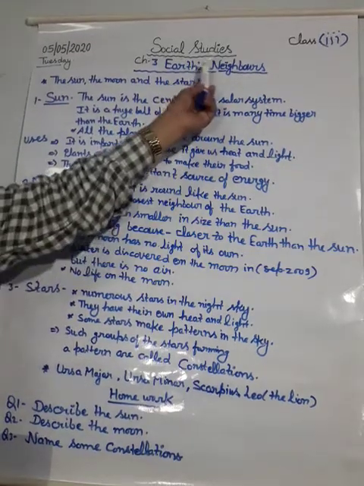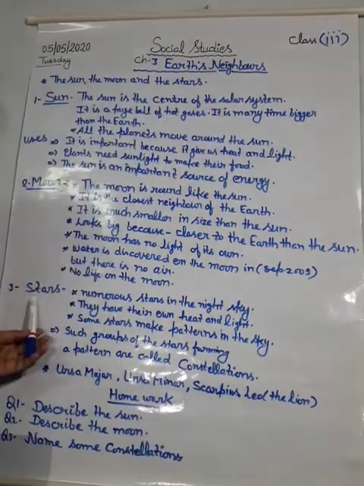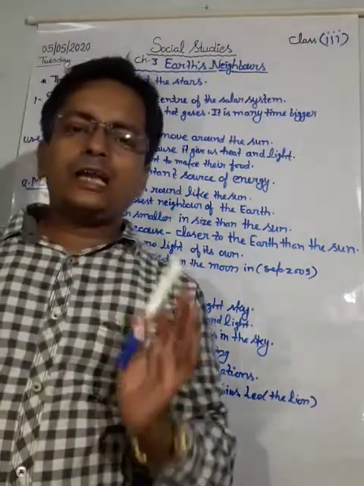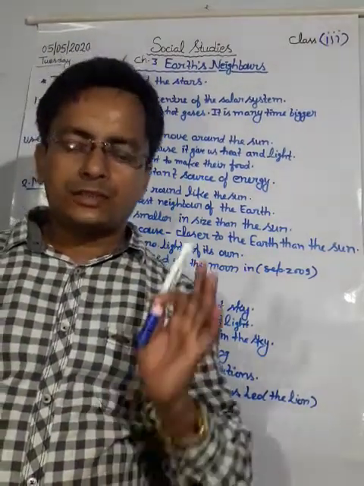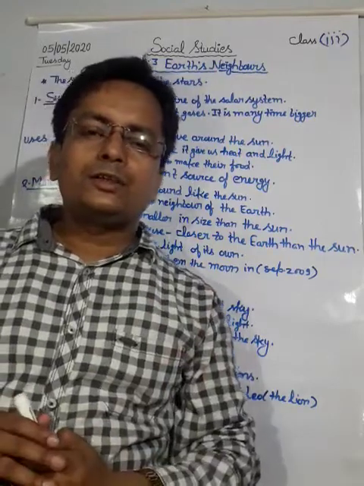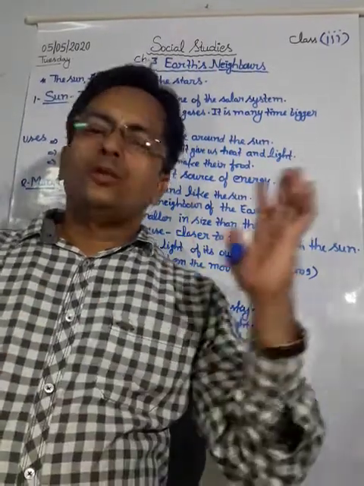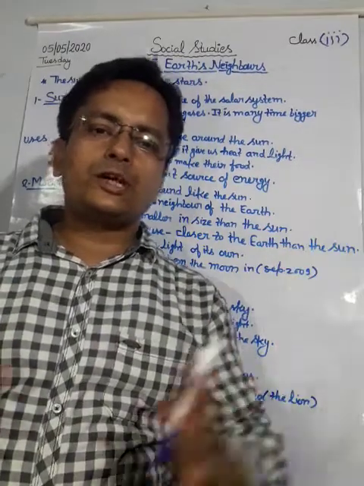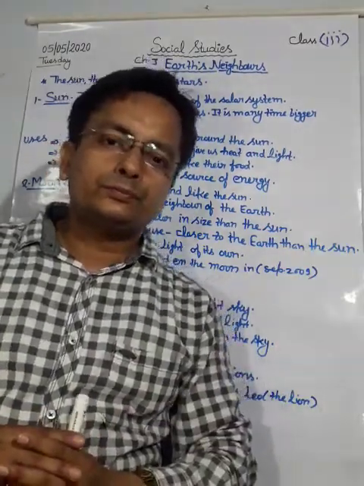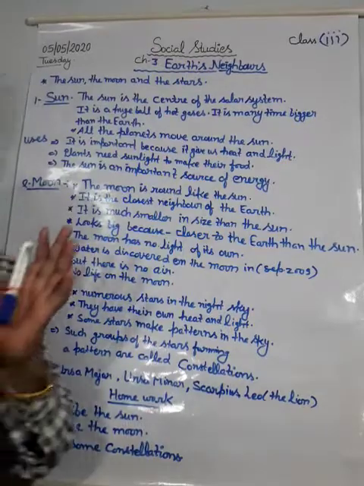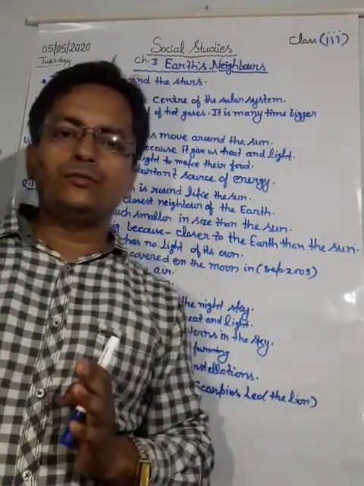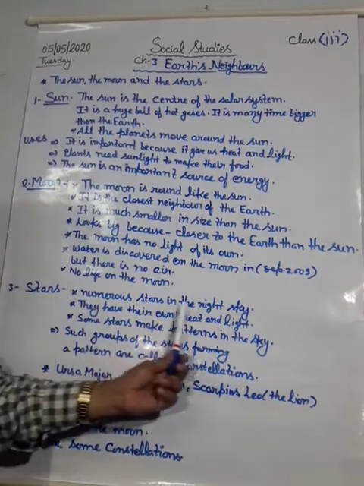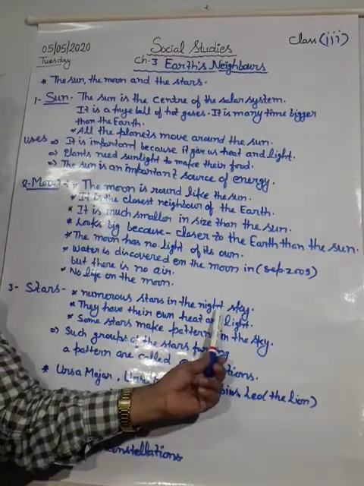And next, Earth's neighbor is the stars. When there is a dark night, after sunset, in the open sky we can see a large number of stars, numerous shining bodies in the night sky.